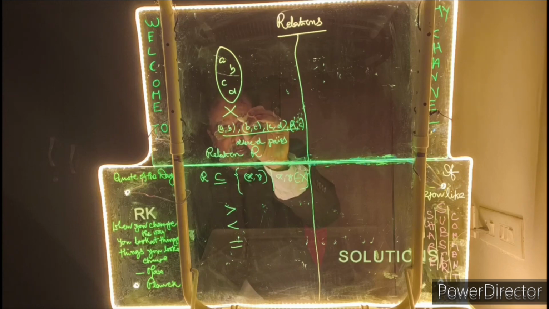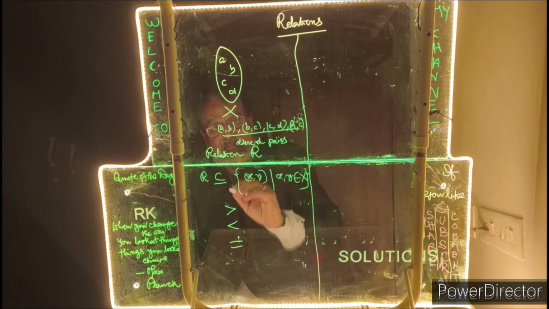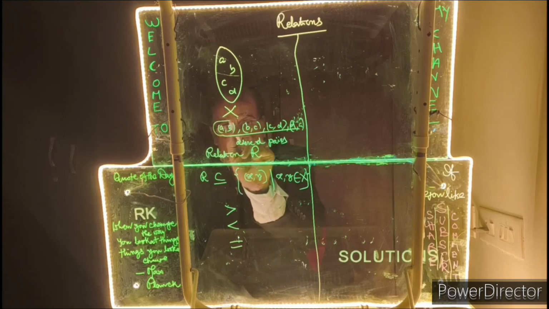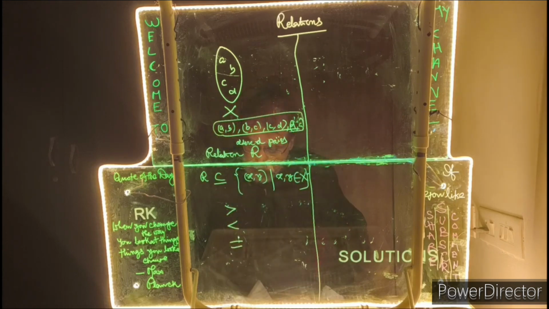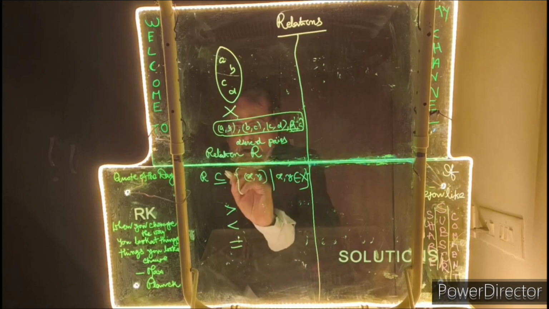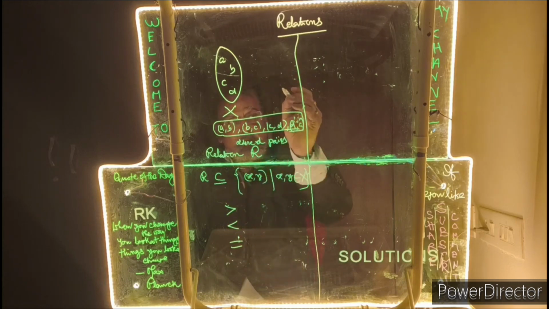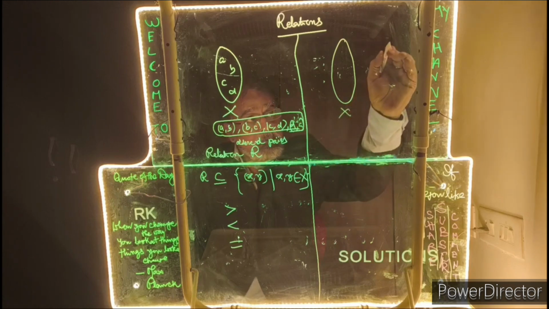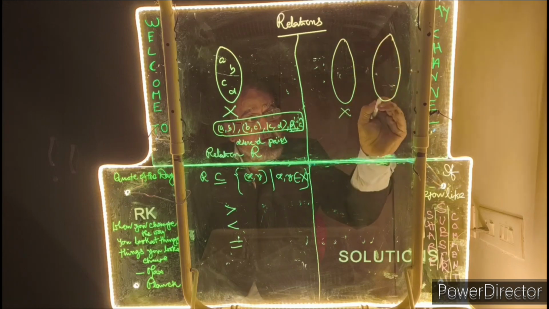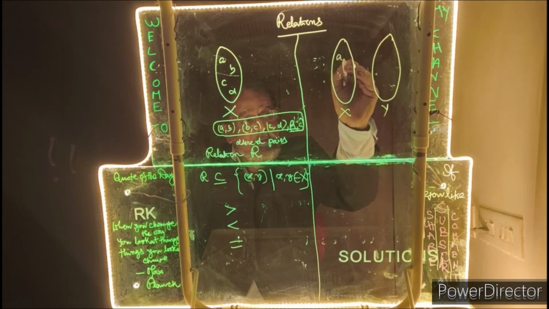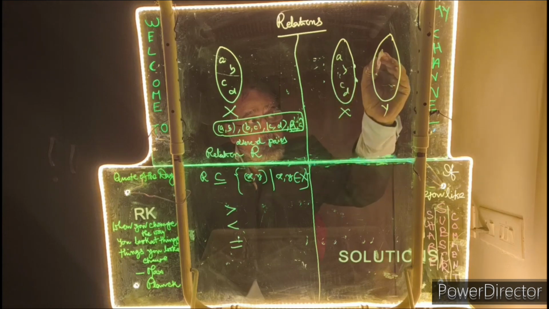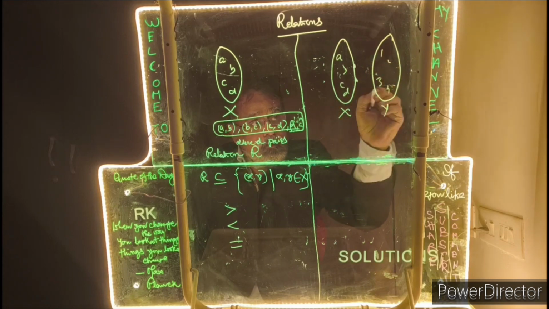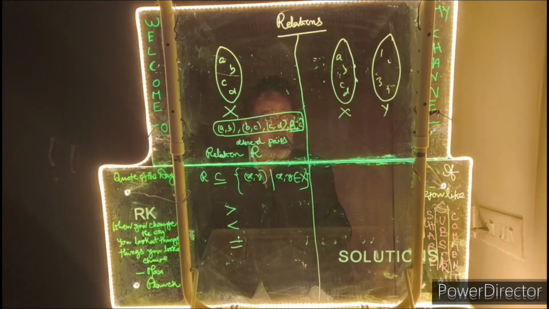from set X, the elements of set X itself, like this, or it can be between, let us say, this X, this Y, A, B, C, D, 1, 2, 3, 4, right?